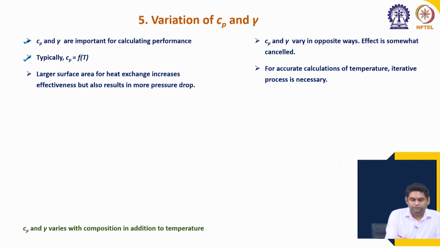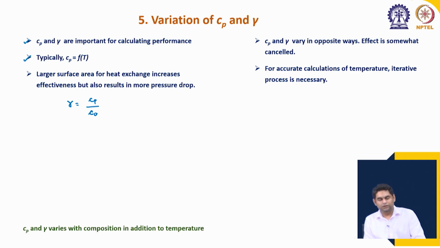Now, gamma, which is the ratio of specific heats, Cp by Cv, is also dependent on the composition. Cp itself depends on composition, and gamma also depends on composition.